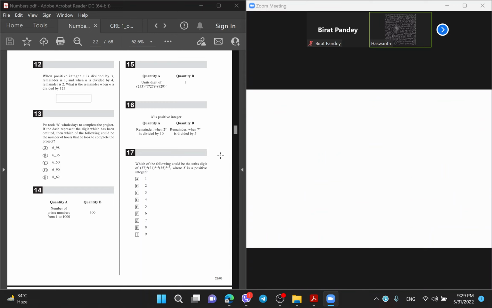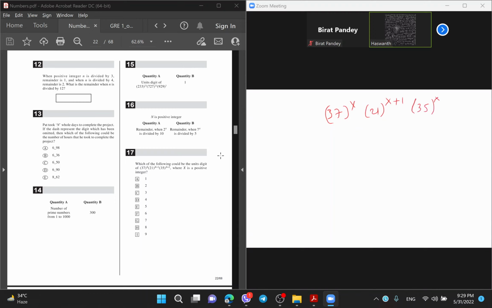Next, last one for today's class. Which of the following could be the units digit of 37 power x into 21 power x plus 1 into 35 power x plus 2? So what is he asking us? Units digit.